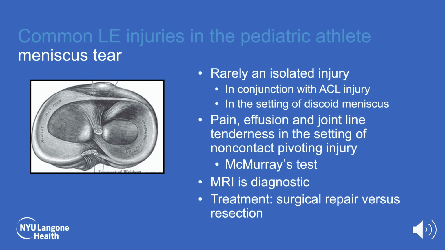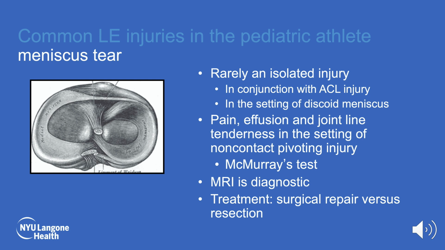All right. Meniscus tears in kids are very rarely an isolated injury. Typically they're seen in conjunction with an ACL injury or in the setting of a discoid meniscus. And so in fact, most isolated lateral meniscal injuries in kids under 14 are a discoid meniscus, unless proven otherwise.